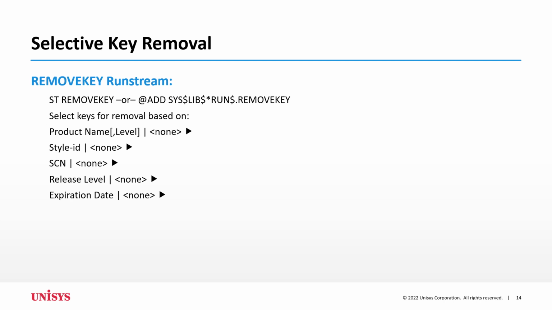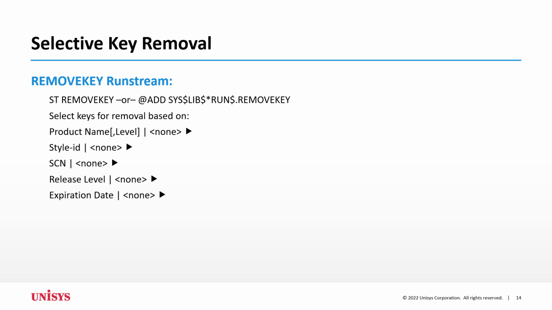A value entered in response to a prompt causes selection of those registered keys that share that particular attribute. If a blank transmit is entered in response to a prompt, that particular attribute is not used for selection.